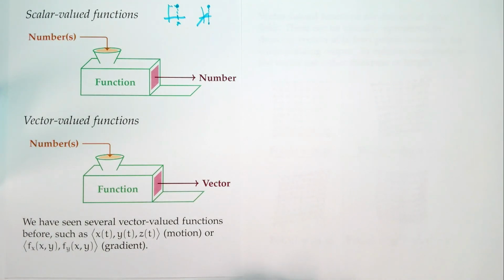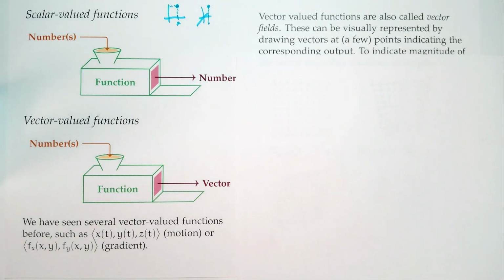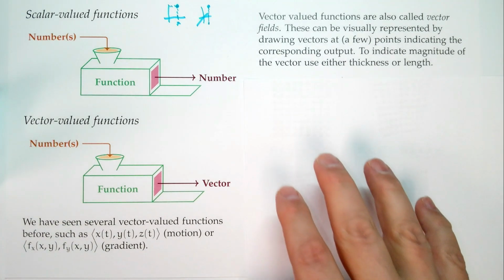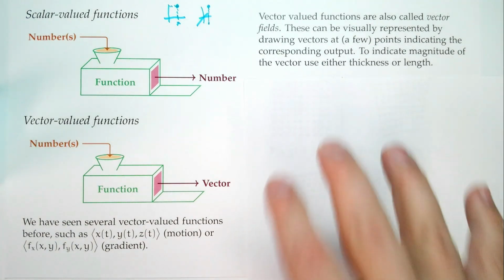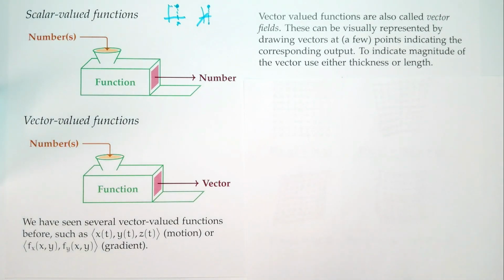So we're going to think about the output. We can call these sometimes vector fields. And what we do is represent our output as a series of vectors. We can't draw every possible vector. The problem is that when we try to draw every possible vector, our picture is just far too dense and we can't make sense of anything.